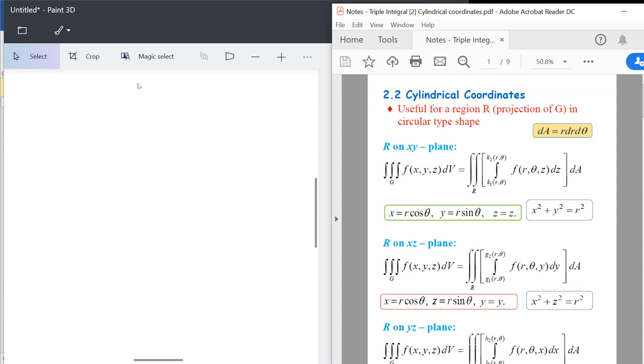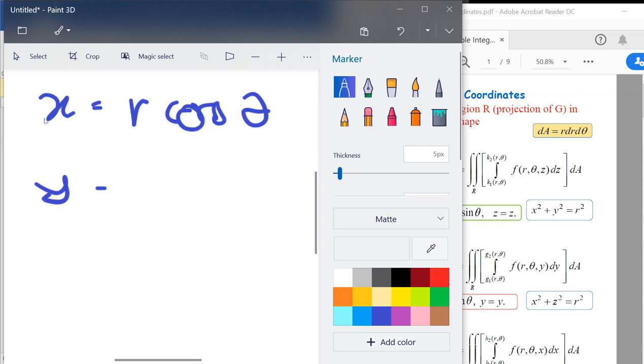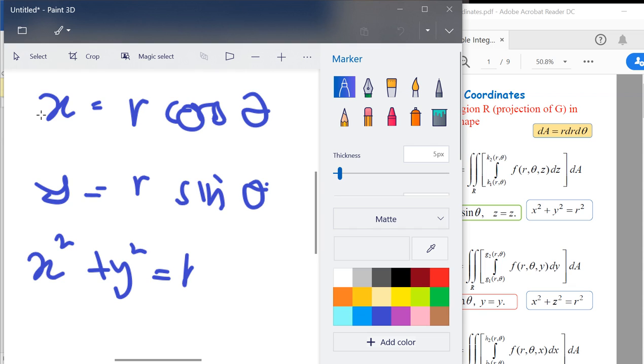Previously in polar coordinates, we learned that x equals r cos theta, y equals r sin theta, and x squared plus y squared equals r squared.